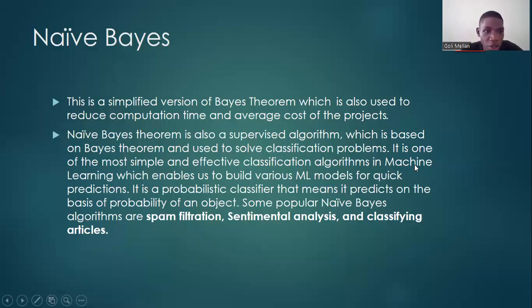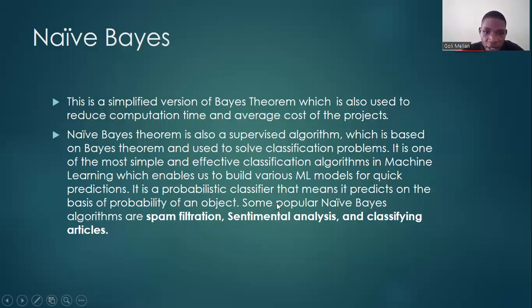Which projects are we talking about here? These are machine learning projects, like the one I'm working on. Naive Bayes is also a supervised learning algorithm, based on Bayes' theorem and used to solve classification problems. It is majorly used in machine learning models for quick predictions.